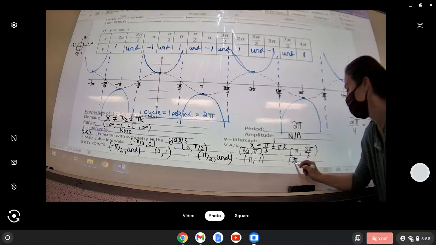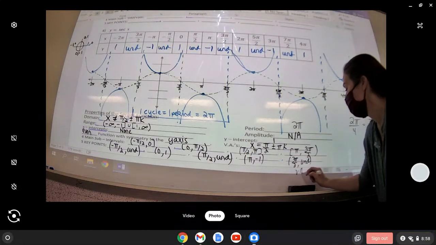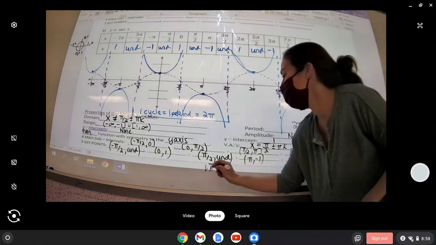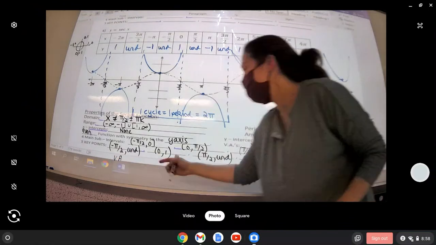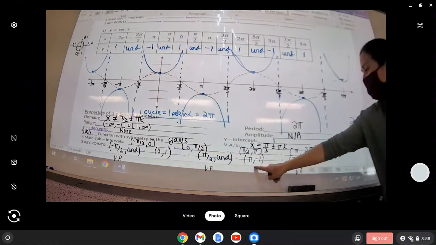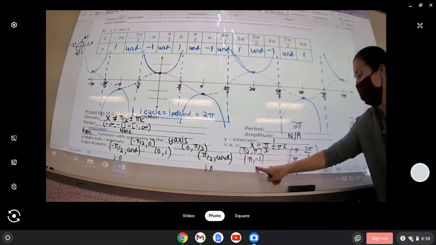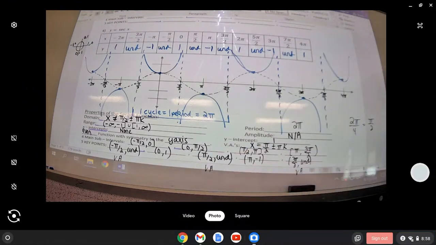Those are your VAs. And then this is the top of your up parabola, and this is the bottom of your top parabola and the top of your down parabola.